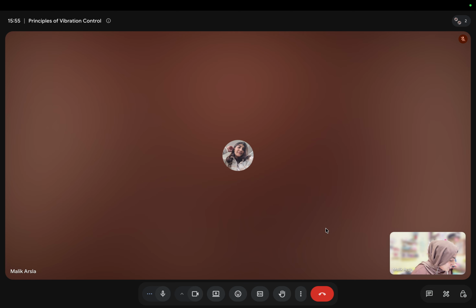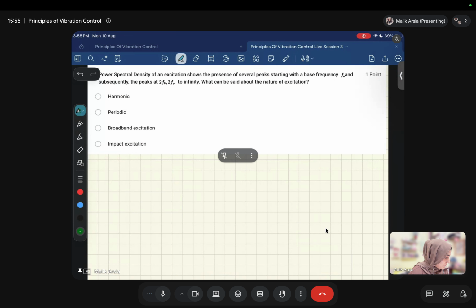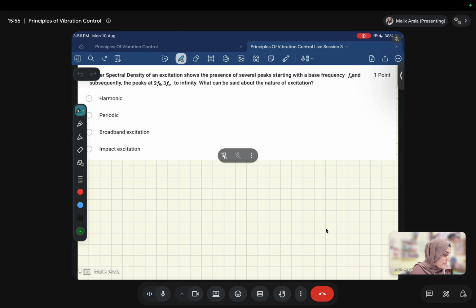Okay, so my screen is visible. Okay, so maybe we can wait a couple more minutes because the time to start is exactly at 4. So we can wait for 2-3 more minutes, and then we can get started.